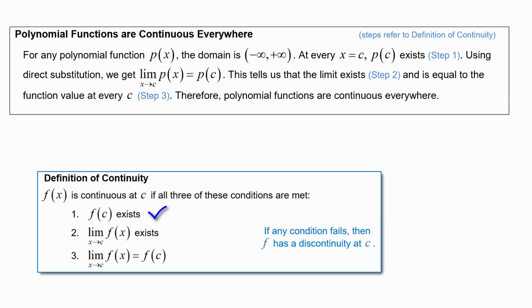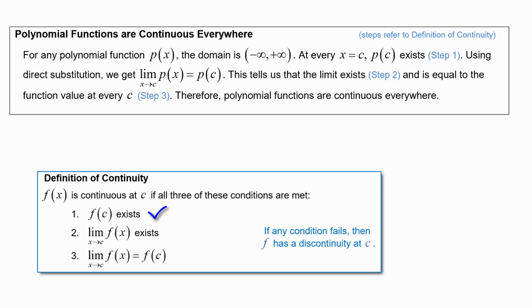Using direct substitution, we get that the limit as x approaches c of p of x is equal to p of c. Since p of c exists everywhere, the limit as x approaches c of p of x, which equals p of c, has to exist everywhere.